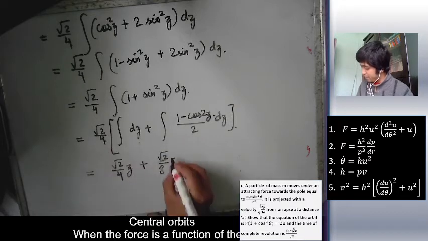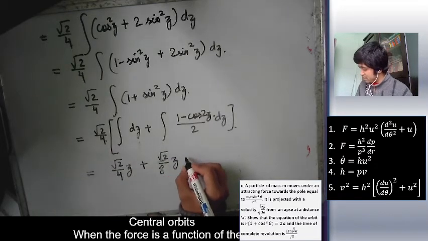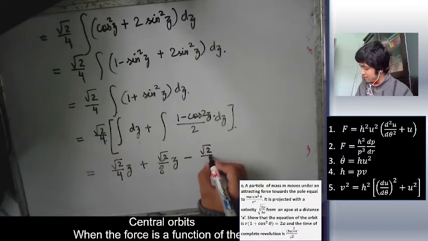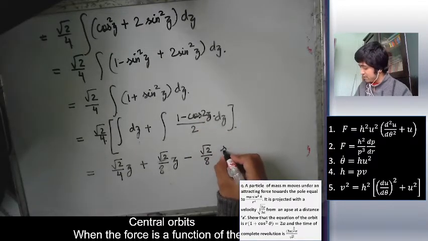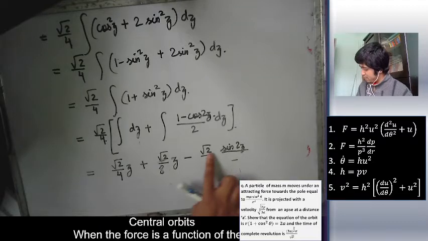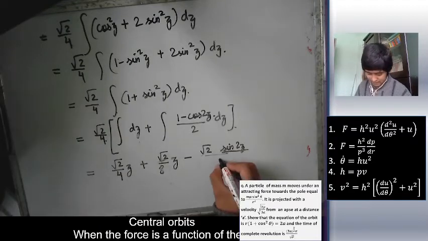Okay, 4 into 2 will give you 8, and minus square root 2 upon 8. Integration of cos will give you sine 2z upon 2, which ultimately gives you sine 2z upon 16.